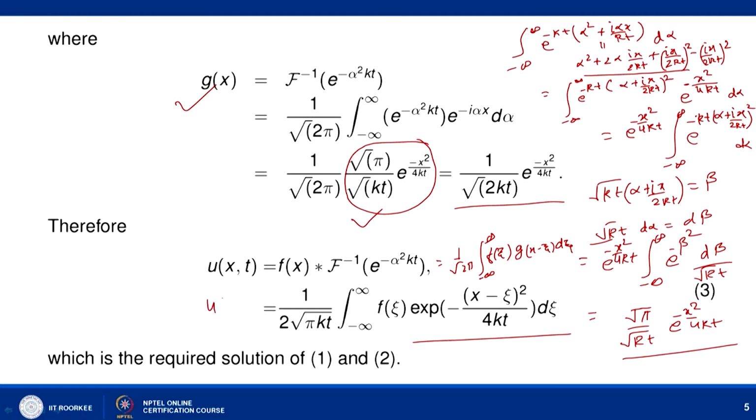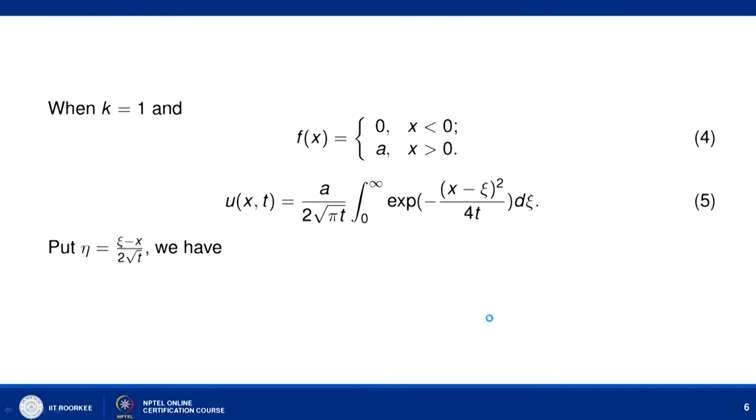So, our solution u x t is given as 1 upon 2 root pi kt, integral from minus infinity to infinity f of xi exponential of minus x minus xi whole square upon 4 kt d xi. So, it means that this is our solution, and once we know our initial condition, then we can find out our temperature distribution at point x at time t by this formula.